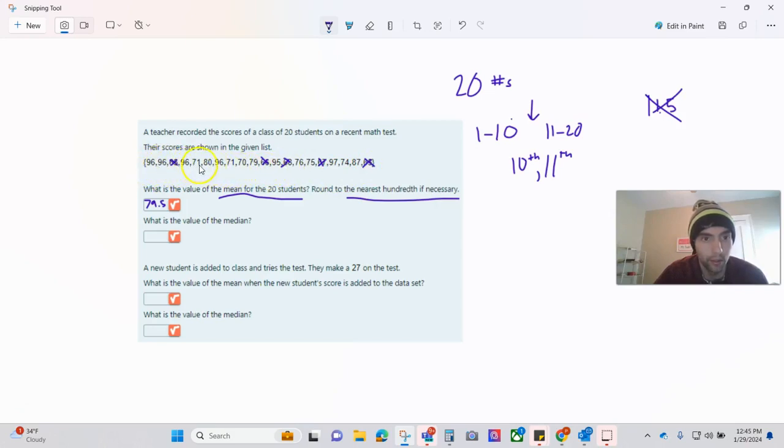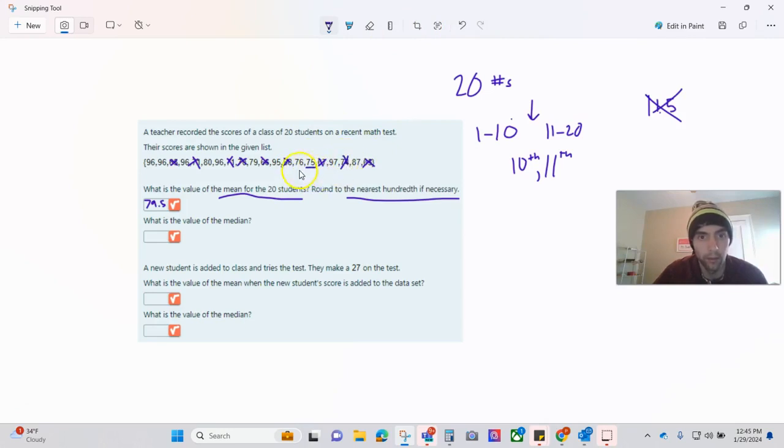Okay, so now I'm in the 70s. 6 numbers. 7 numbers crossed off. 8 numbers crossed off. Almost there. Bigger than 71 would be the 9th number.